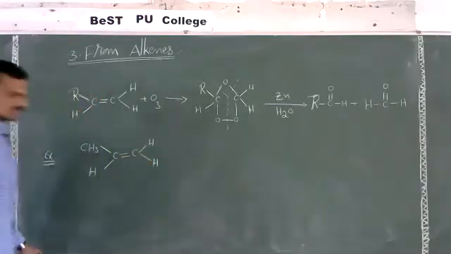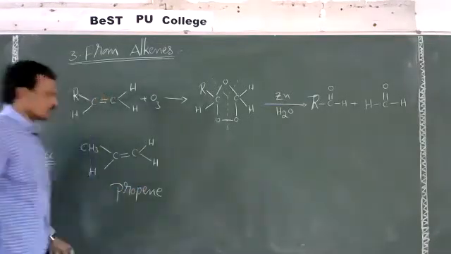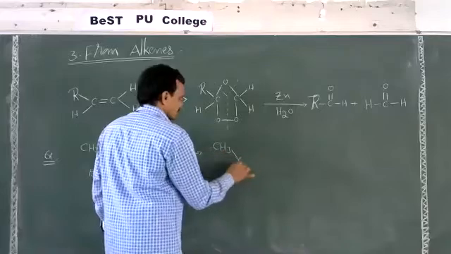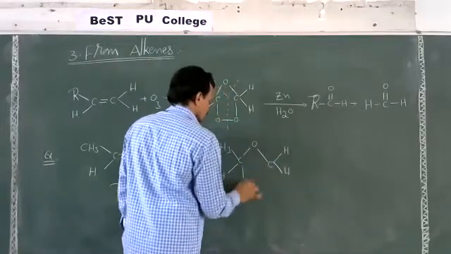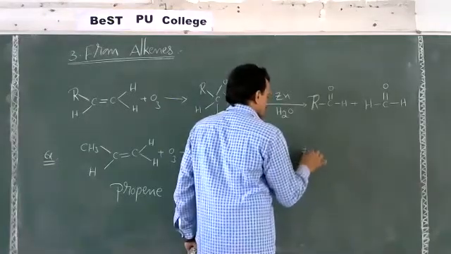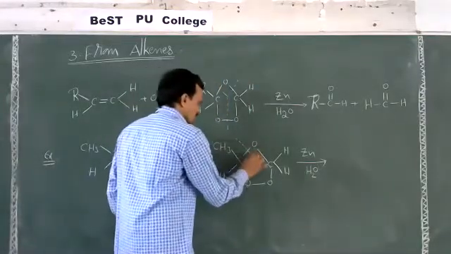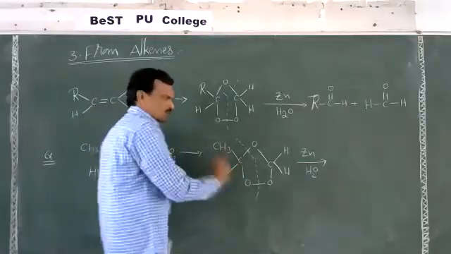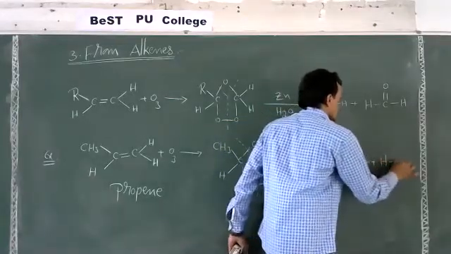Now let's see, what is the name of this compound? This is propene, and on reaction with ozone it first forms an ozonide, and this ozonide on hydrolysis in the presence of zinc, Zn by H2O, the cleavage of this bond takes place, and then we get CH3CHO, acetaldehyde, plus HCHO.